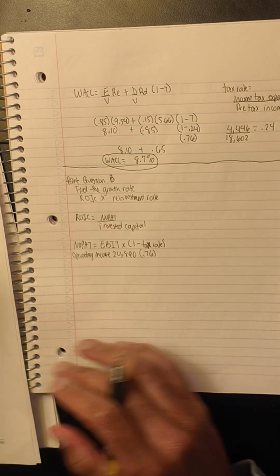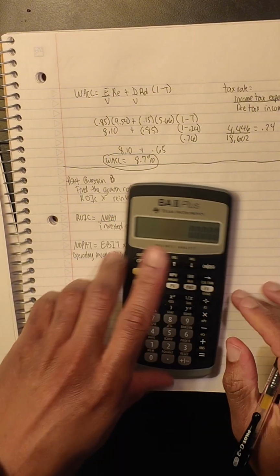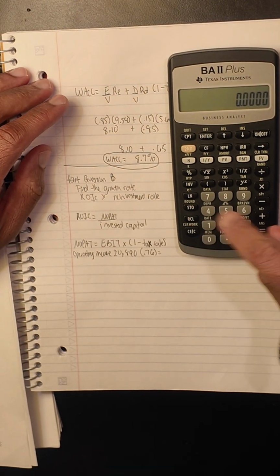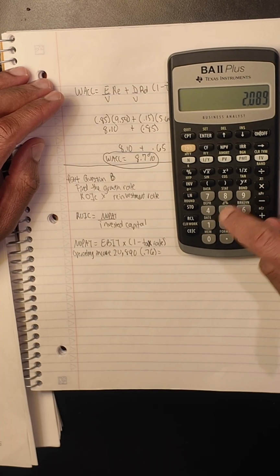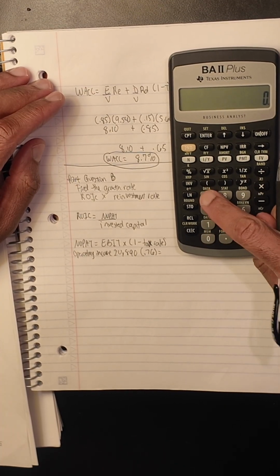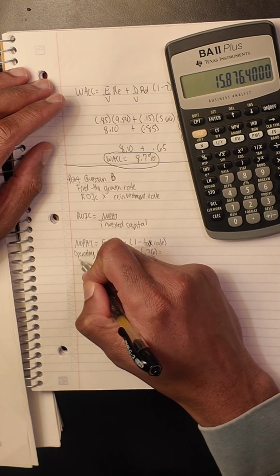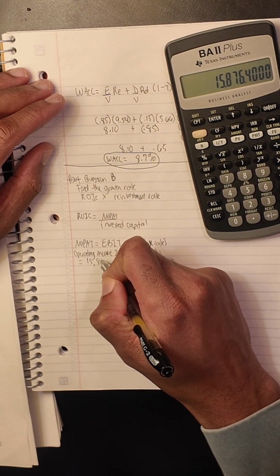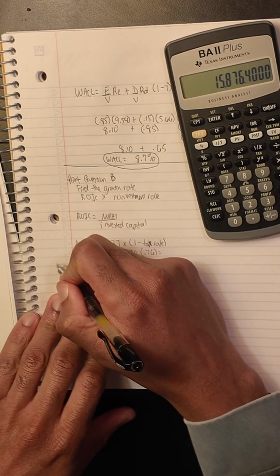So we just go ahead and multiply those two, and we'll get our NOPAT. 20,890 times 0.76. This is our NOPAT right here. It's going to be 15,876.4.